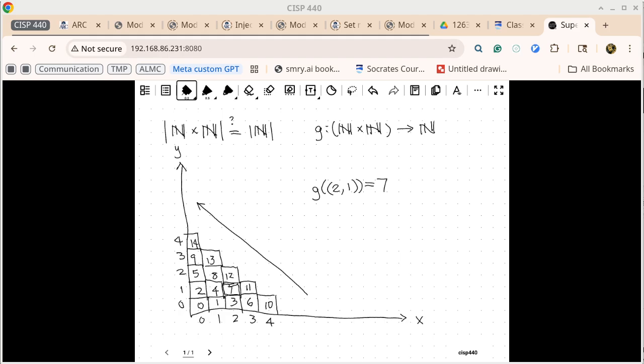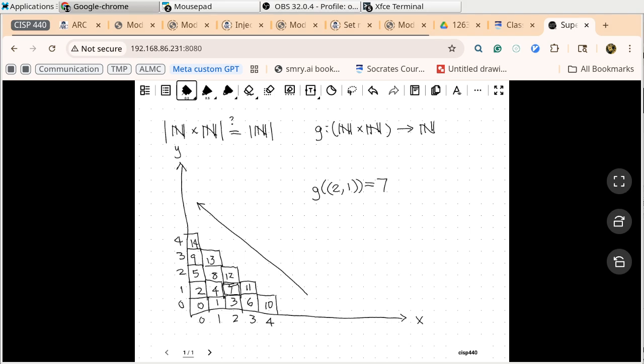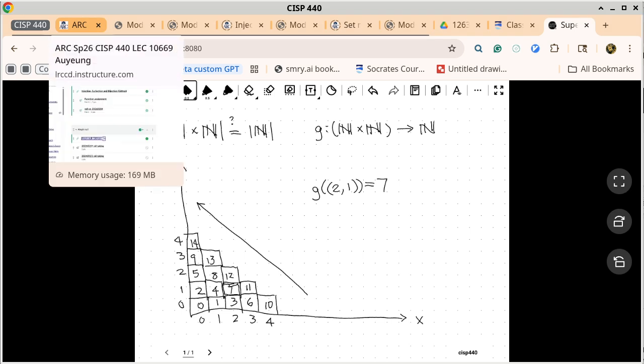So we want to find a closed form corresponding to the way that we are mapping these values. I think we don't need the tablet anymore, so I'm going to go back to my notes, because the rest are really just math.